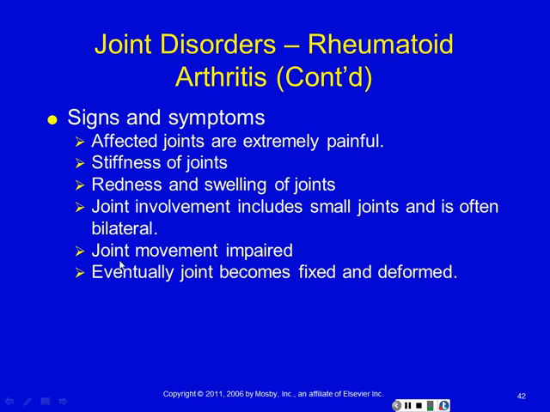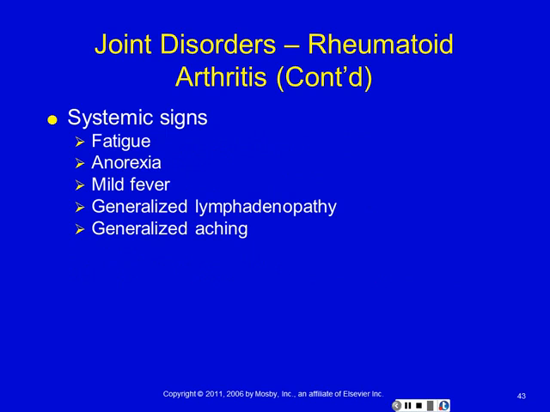And eventually the joint's movement becomes impaired, and finally it gets fixed and deformed. So the next time you're taking care of a little old lady with deformed hands, ask her to make a fist, and you'll see that some of the fingers don't flex anymore. That's when the joint becomes fixed. It can't move, so it's stuck. It's locked in that position. We talked about that already.